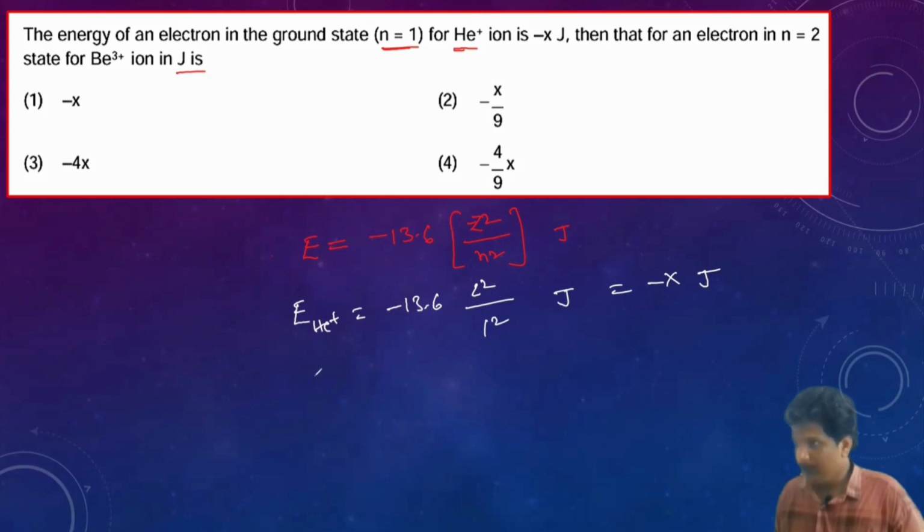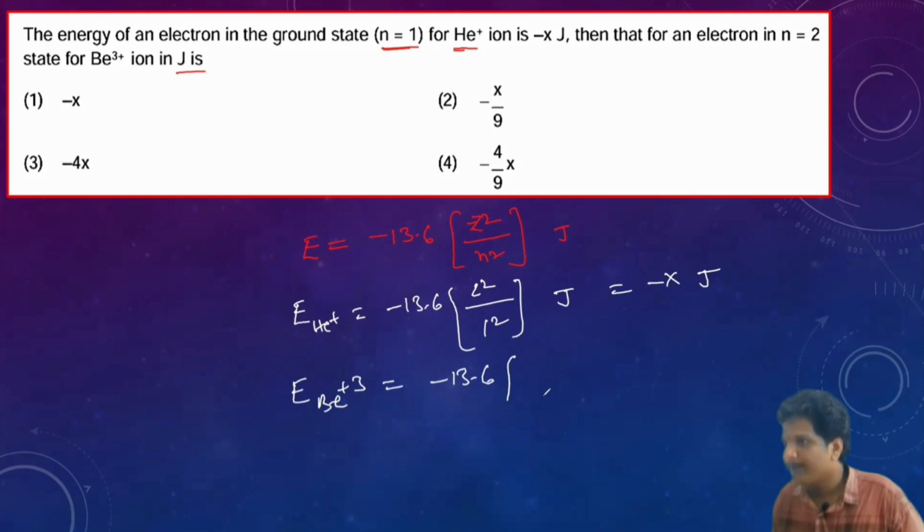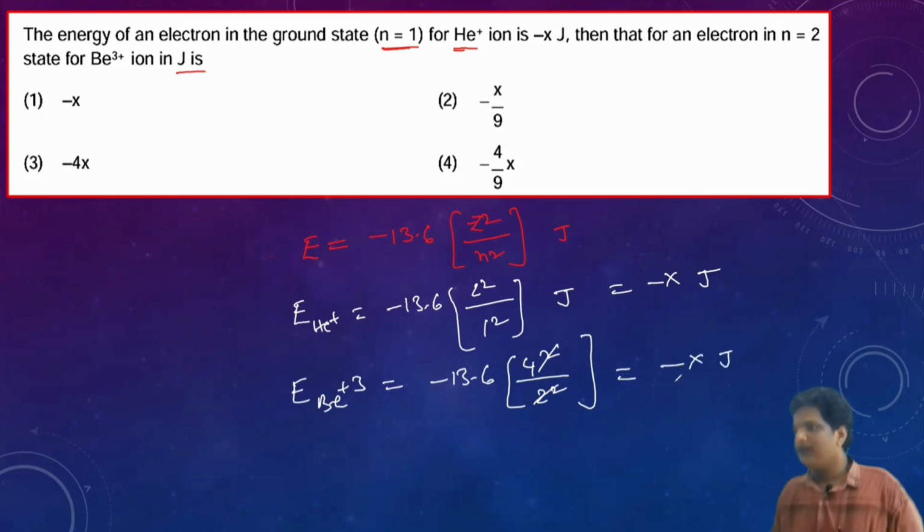Now for beryllium plus 3, minus 13.6 into Z value for beryllium, which is 4, square, by n value they have given, 2, square. So this and this will cancel out, and you will get the same value, minus X joules. So the correct option is minus X joules.